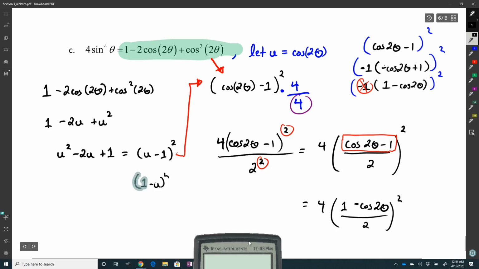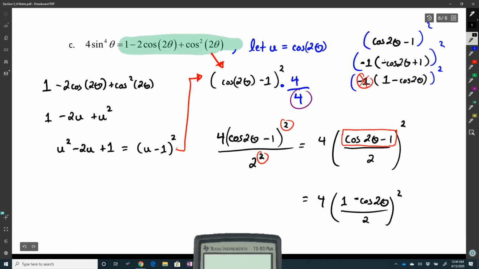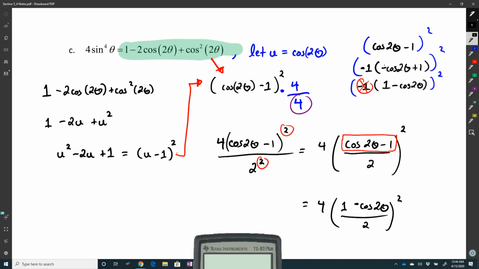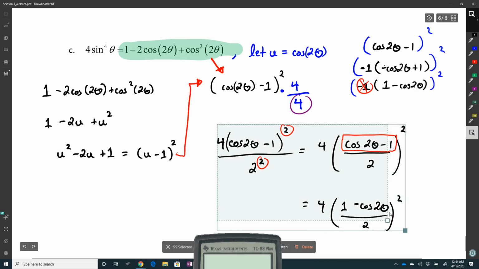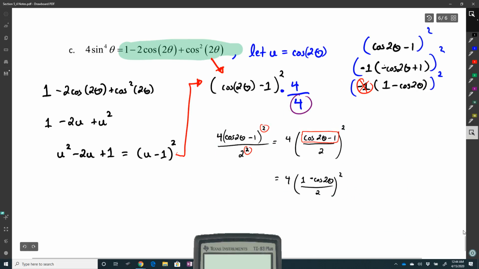So I apologize about that. But anyway, so now I have that, and that 4 times 1 minus cosine of 2 theta is sine squared. So I have 4 sine squared squared, which is 4 sine to the 4. I just feel like I'm not on my A game this week.